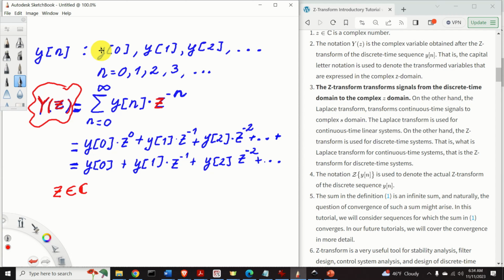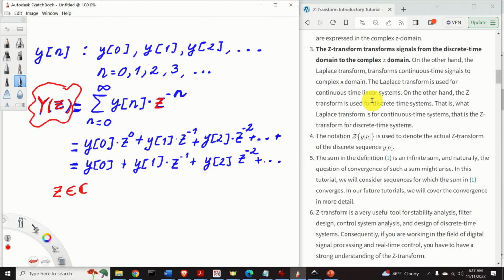We use lowercase letters, such as letter y, to denote the sequence in the time domain. However, we use capital letters to denote its Z-transform. As I mentioned previously, the Z-transform transforms signals from the discrete time domain to the complex z-domain.